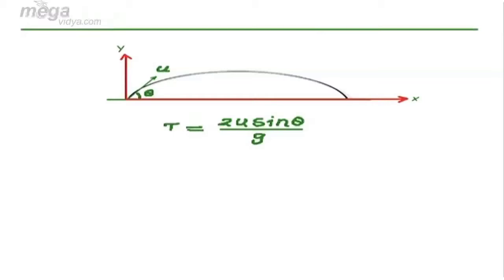There are two basic things. One is this term u sine theta. I would like to call it u perpendicular. U perpendicular means velocity of projection.